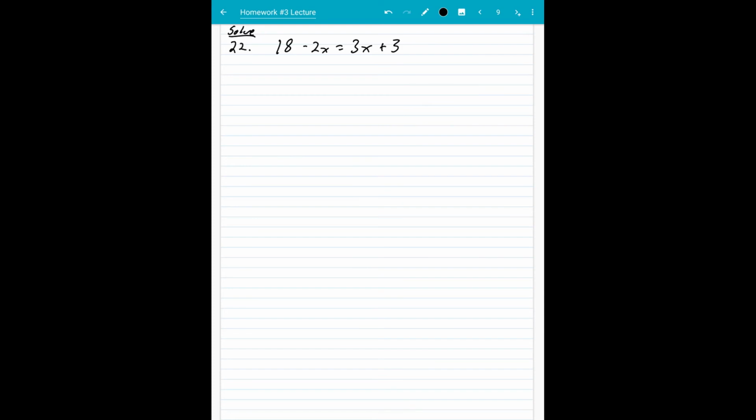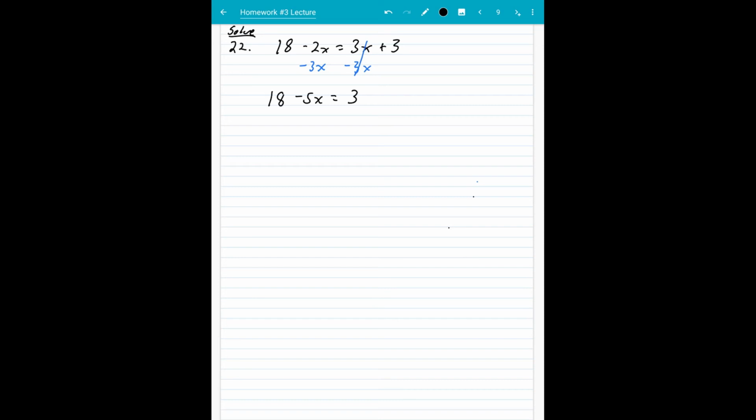So let's put all the variables on the left side. So I need to move the 3x. Let's subtract it. What I do to one side, I have to do to the other. Rewrite everything you didn't change. 18. Negative 2 minus 3 makes minus 5x equals, those canceled out, positive 3.